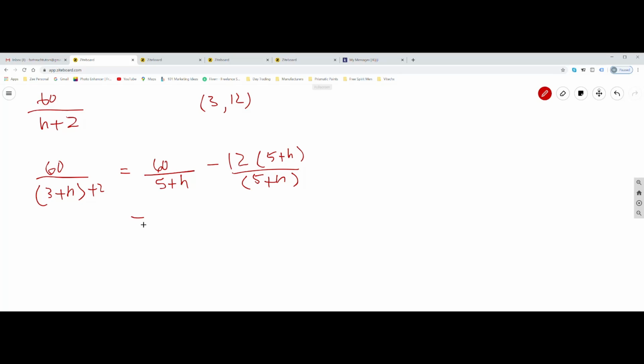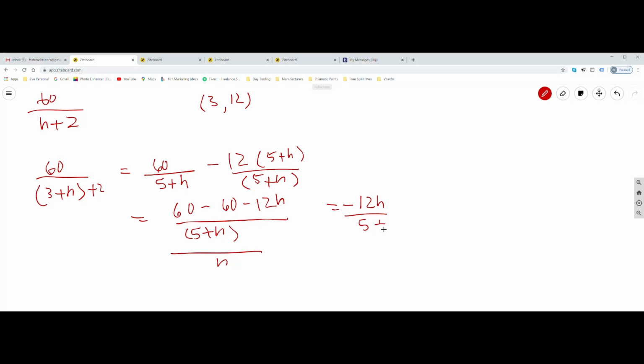So you're left with 60 minus 60 minus 12h over 5 plus h, over h. So you're left with negative 12h over 5 plus h, divided by h, which is the same thing as 1 over h.